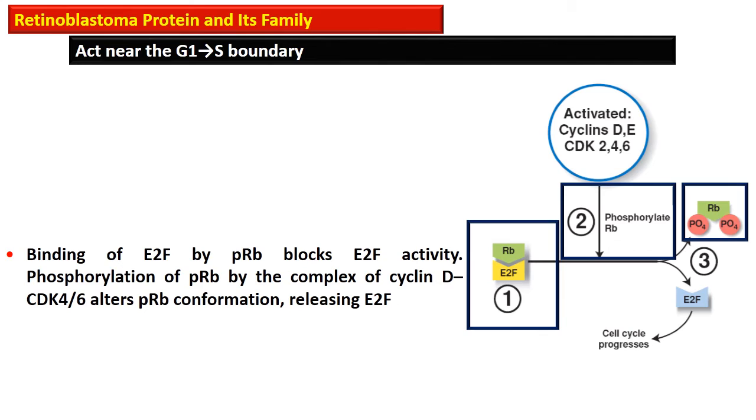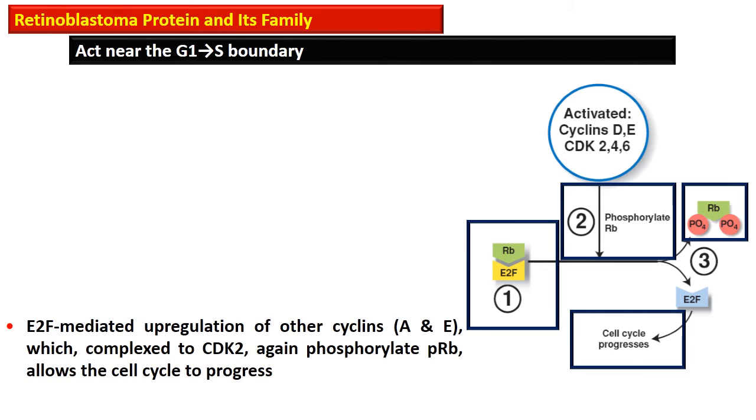Phosphorylation of RB by the complex of cyclin D with CDK4 and 6 alters RB conformation and releases E2F factor. E2F mediated upregulation of cyclin A and E, which complex with CDK2, again phosphorylates RB, allowing the cell cycle to progress.